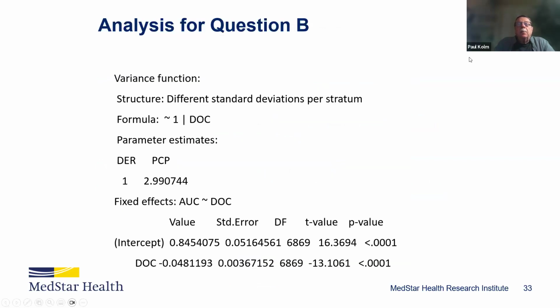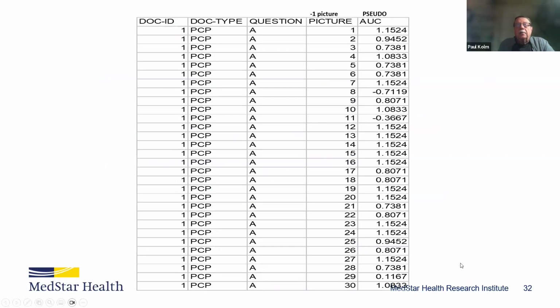So here's an example of the same, let me go back here, for the same physician that we looked at last time for question A. And so here we have our 30 pictures, and then this is the AUC, the area under the curve, leaving out the picture.